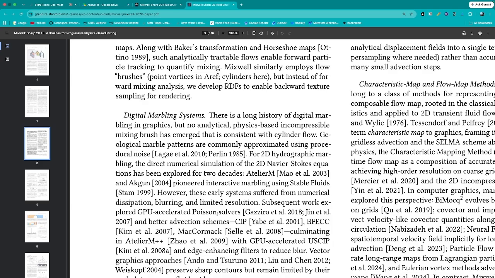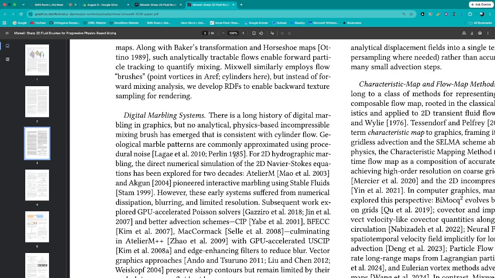So digital marbling systems are kind of like the marbling systems in art, and the 19th century and previous explorations of that. So there's a long history of digital marbling in graphics, but no analytical, physics-based, incompressible mixing brush has emerged that is consistent with cylinder flow. Geological marble patterns are commonly approximated using procedural noise.